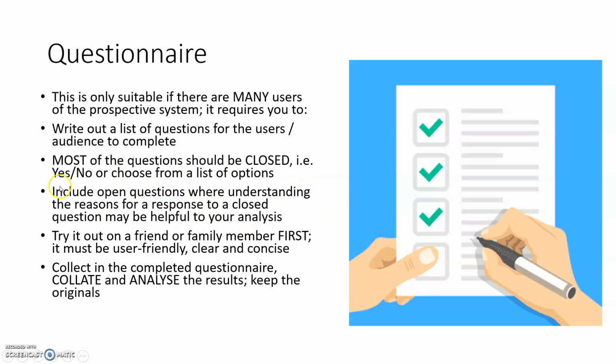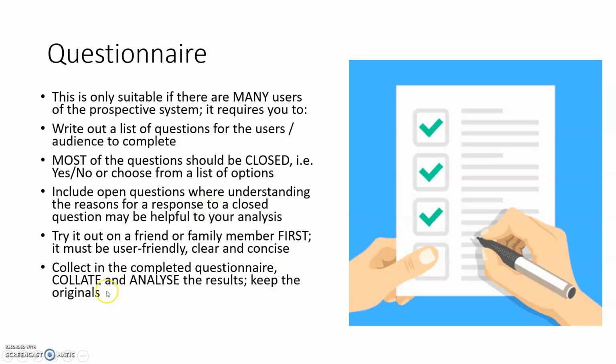I would definitely recommend that you include quite a few open questions to gain some understanding about why respondents have selected certain answers, and that could be very helpful for evidencing that dialogue and understanding requirements. So do think about open questions that could be relevant too.